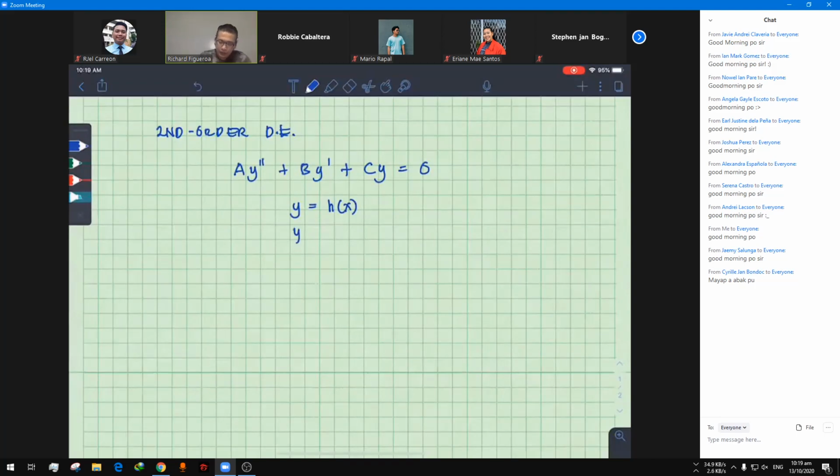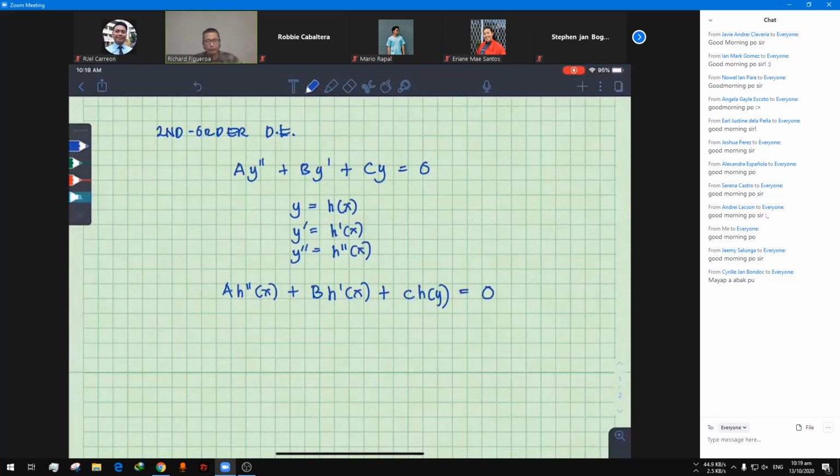If I substitute that, y is h of x, y prime is h prime of x, and y double prime is h double prime of x. So I'll have a h double prime of x, plus b h prime of x, plus c h of x, is equal to 0.